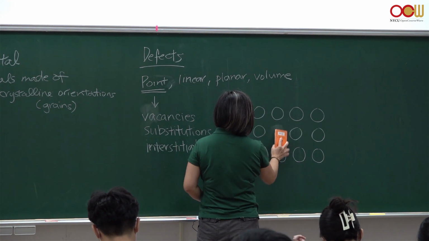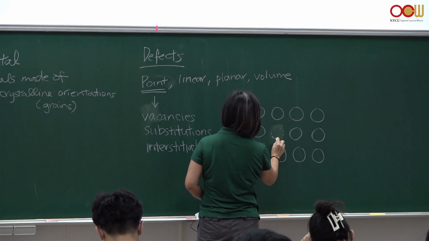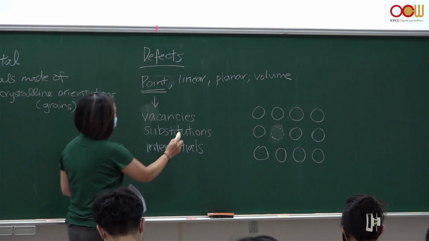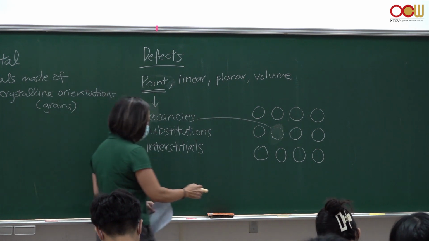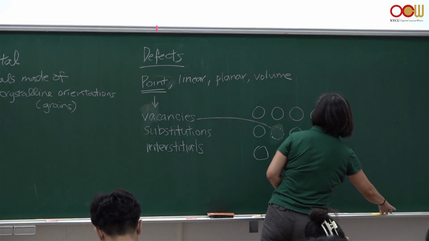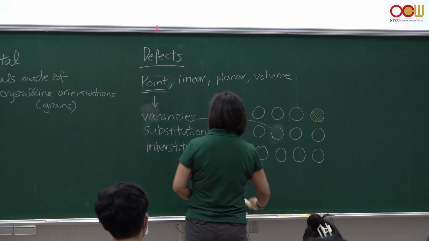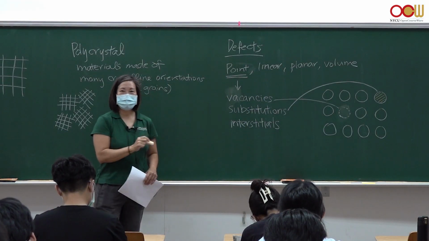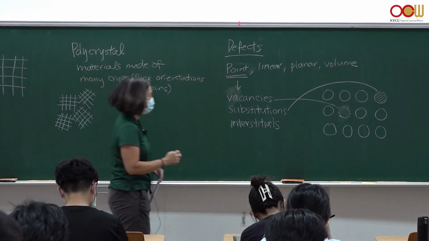A vacancy is where an atom is missing. So that would be a vacancy. A substitution is if you have a different atom that's sitting somewhere in a crystal structure that has replaced the original atom, so substituting for that atom.